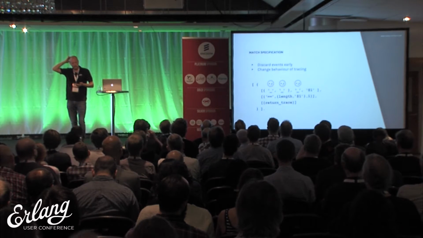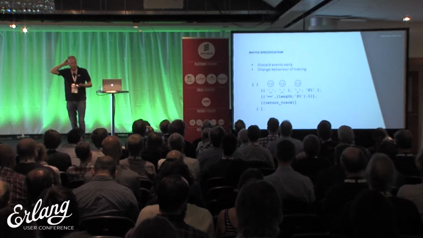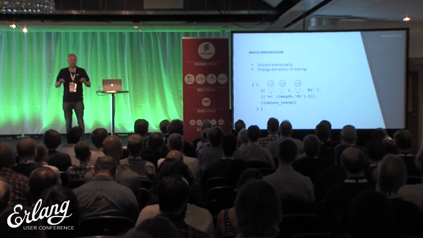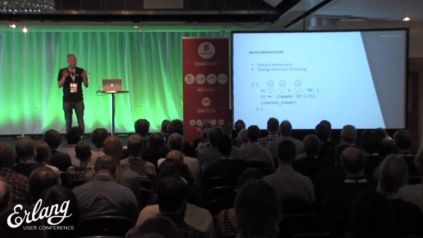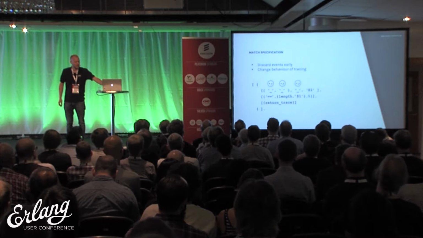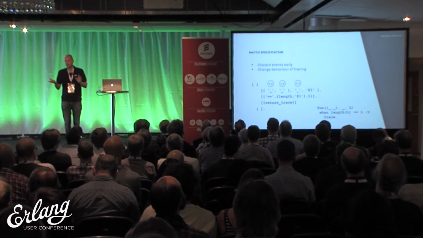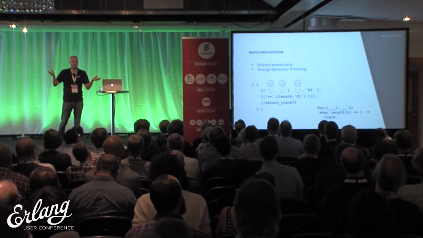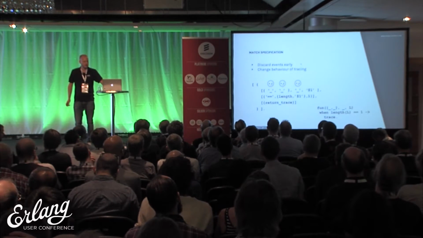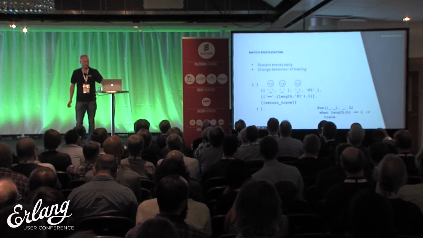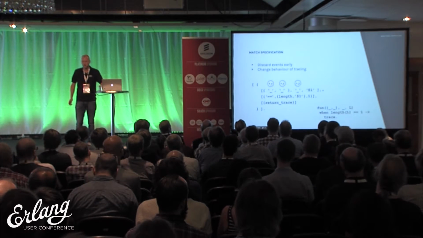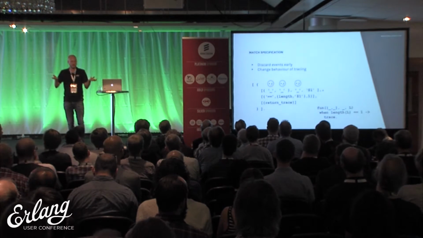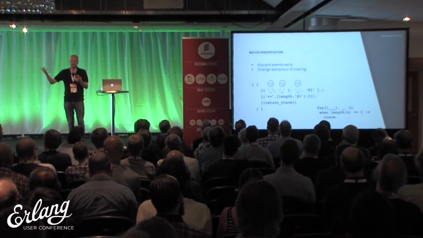A general match specification might look something like this. There are all of these unhappy sad faces, and then this specification. This is basically this code: a function taking 3 arguments. The 3 arguments come from a list with 3 elements in it. The first one has to be a tuple with 2 elements, then we don't care about the second, and then we have a list.